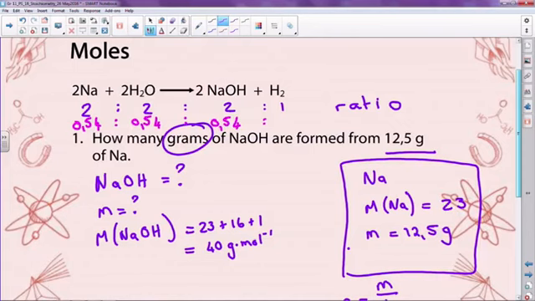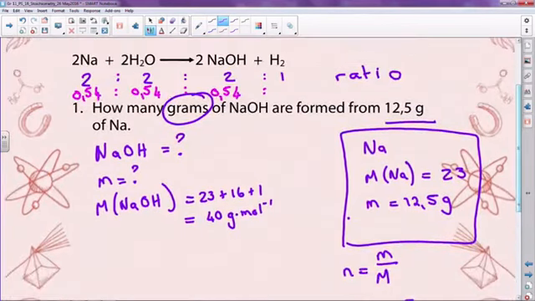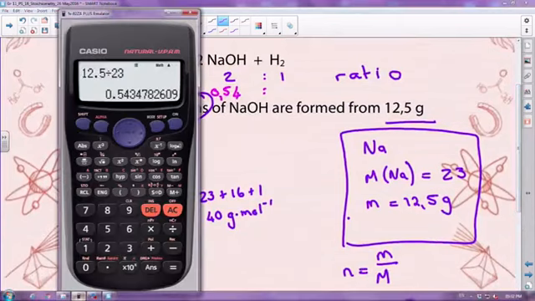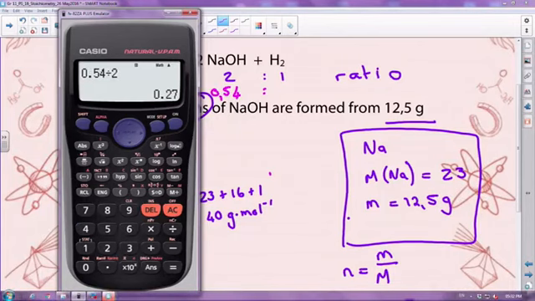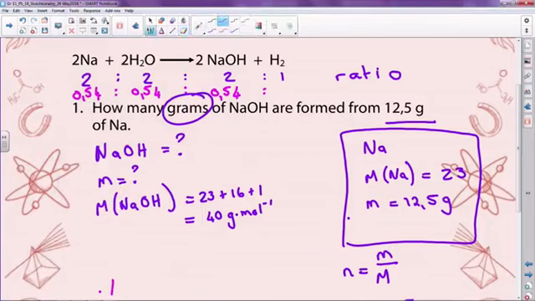The only one that's going to change is hydrogen at the end. 0.54 divided by 2 is going to give me 0.27.